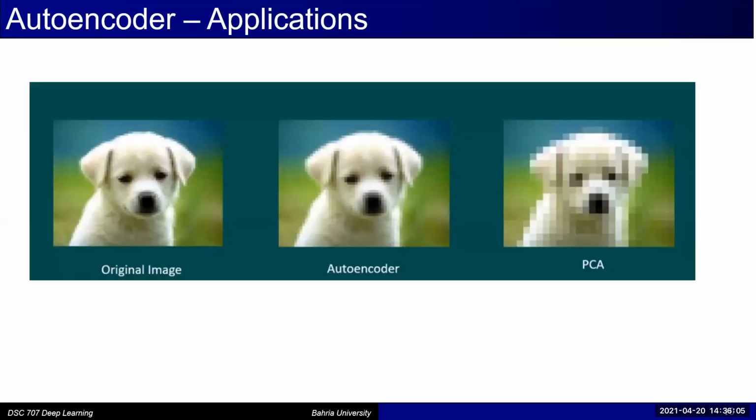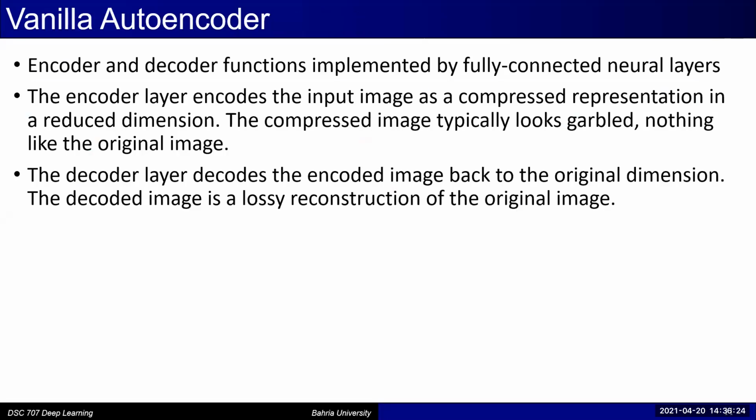Just to give you an idea, we are trying to resize an image, maybe with PCA and with autoencoder. It is known that an autoencoder is likely to produce visually much better results as compared to PCA. But anyway, we are not looking at dimensional reduction. Our major case study is denoising using an autoencoder.